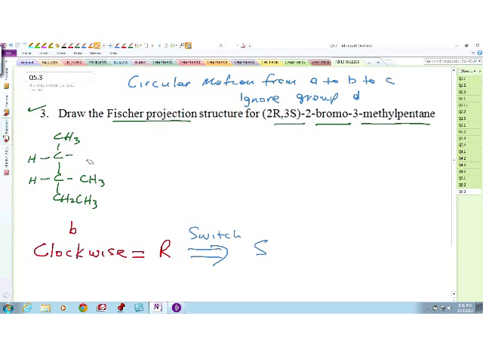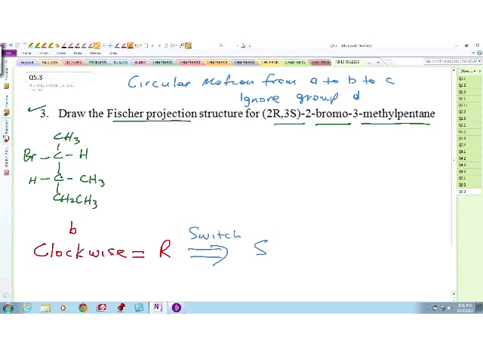It's R. That means what to do? Switch it. For it to have S, that means the bromine will be here and hydrogen will be here. Now we have this is S.